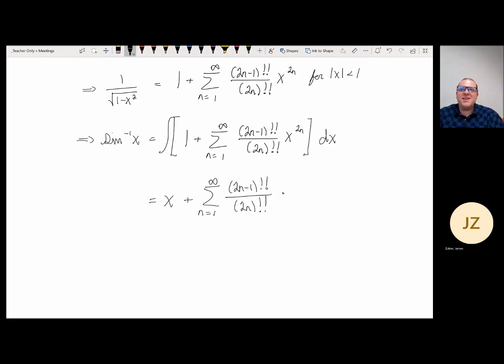This is like the most basic antiderivative. I guess the most basic would just be dx. Second most basic.